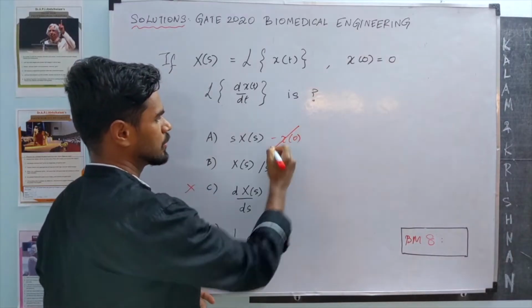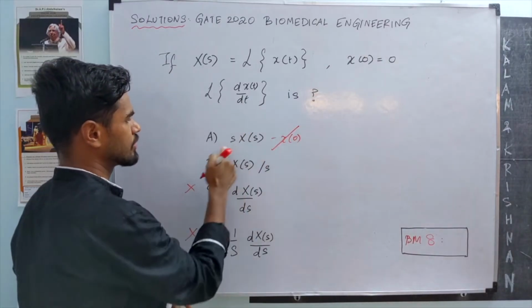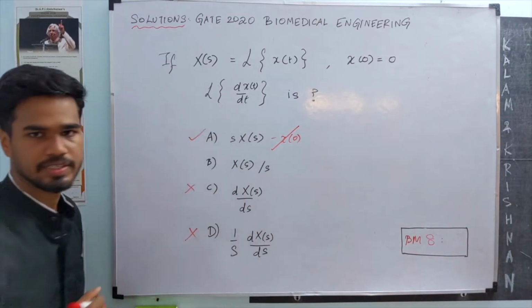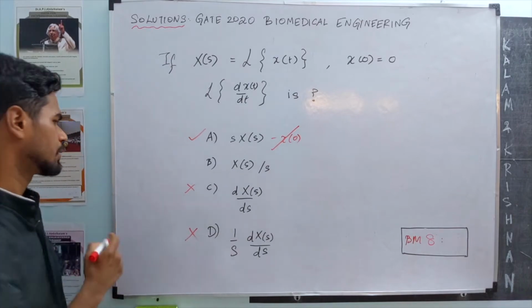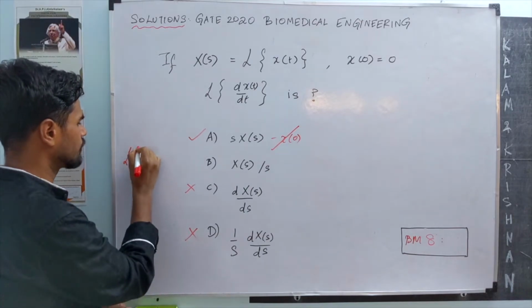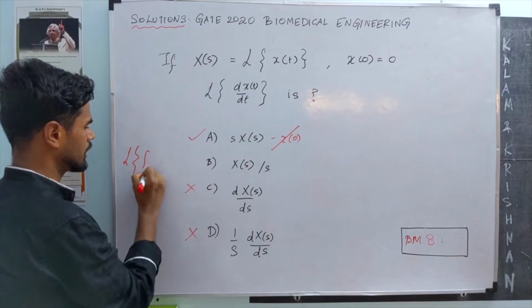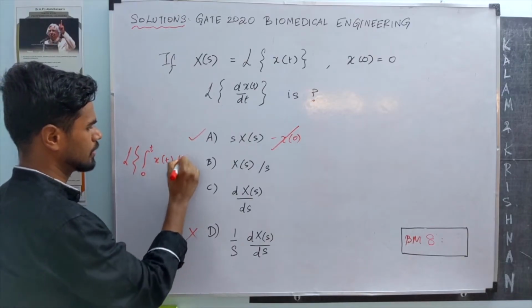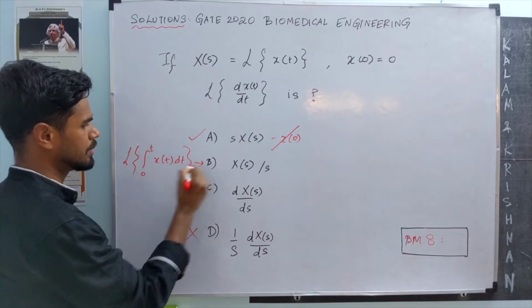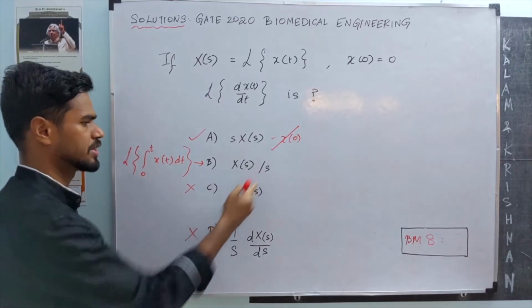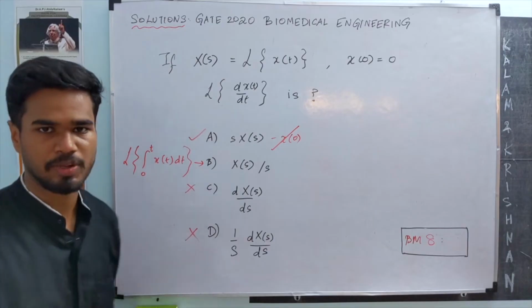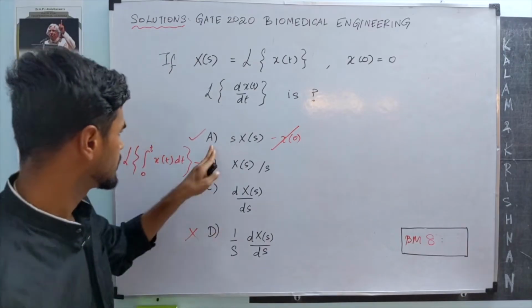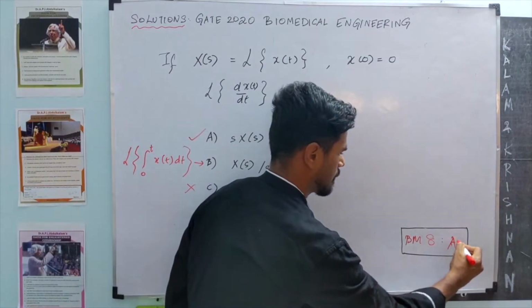But because this is 0, the Laplace transform of this is s x of s, which is A. Had the question been the Laplace transform of the integral of x of t, the solution would be B, x of s by s. Again, one of the properties of the Laplace transform. So the option here is A.